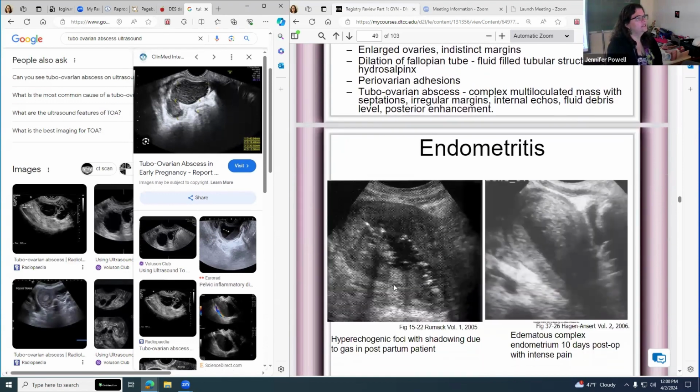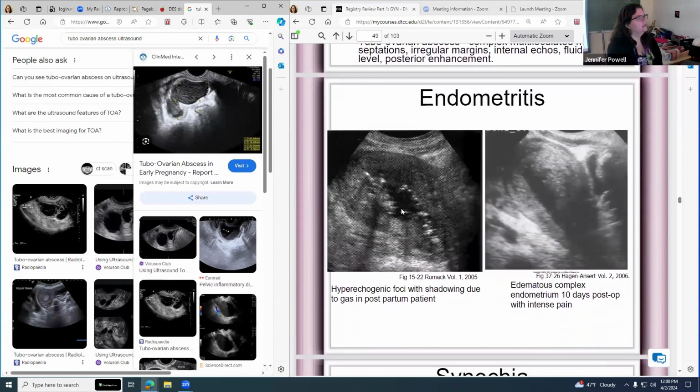Sonographically, you could have hyperechoic foci with shadowing due to gas in a postpartum patient. So see how you have these little ring-down artifacts here. Edematous complex endometrium 10 days post-op with intense pain.